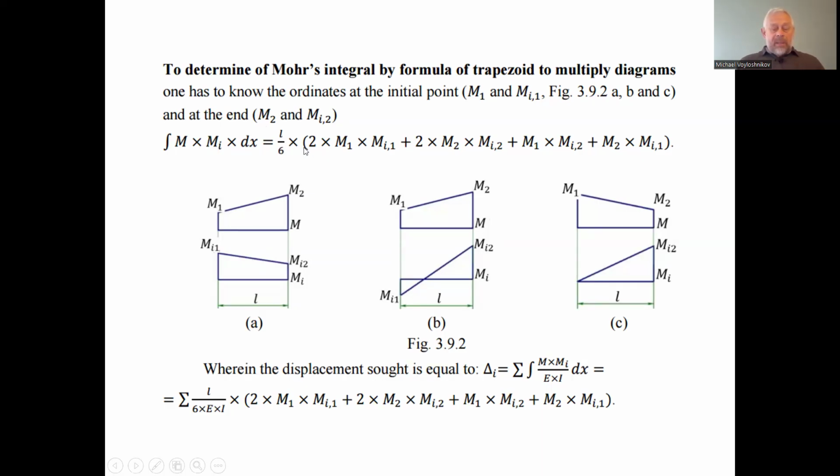And multiplied in the brackets, we have factor 2 multiplied by the magnitude of the bending moment diagram on one end, the first end of the element considered. And if we consider elements of the mechanical system in a definite sequence, usually from the point of finding the displacement to the support, as the displacement of the support we assume 0.